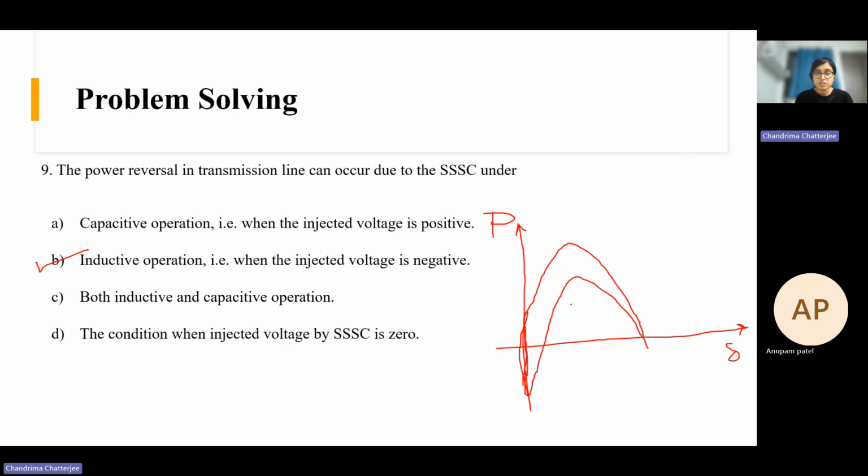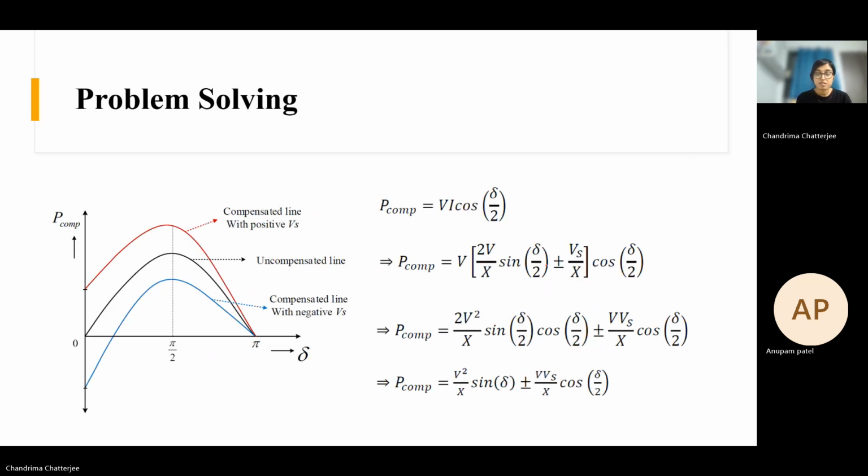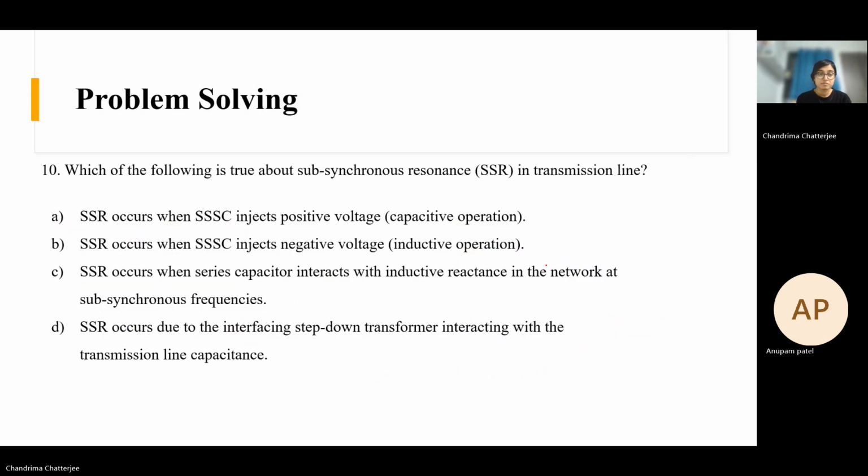Let's see the next question. Which of the following is true about subsynchronous resonance in transmission line?